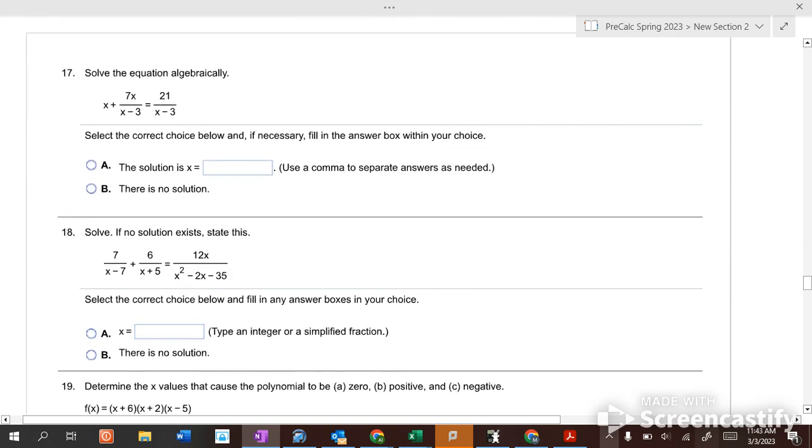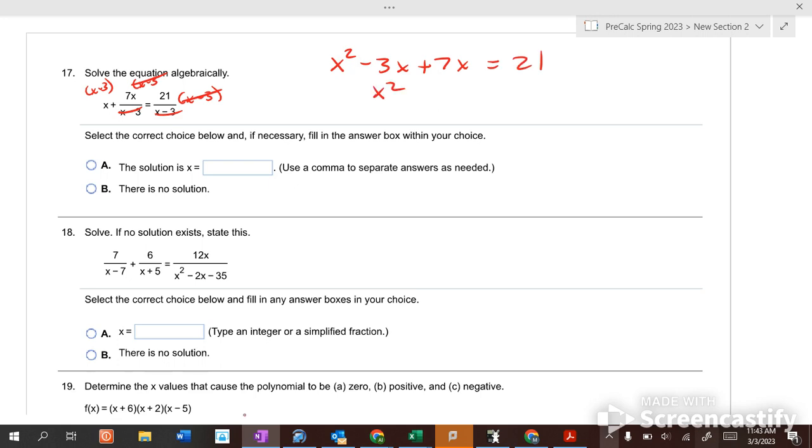And this is what we did the last time. Multiply everything by x minus 3 in the numerator. So these cancel, so you don't do anything with them. Take x times x minus 3, which is x squared minus 3x, plus 7x equals 21. So if you move it over, x squared plus 4x minus 21 equals 0.